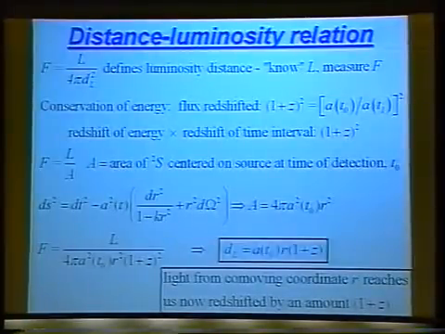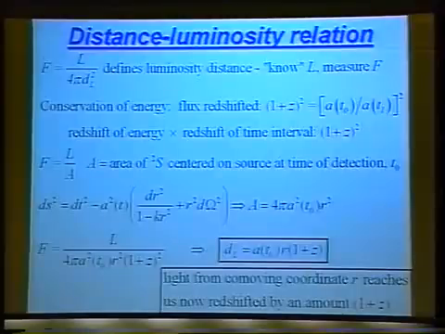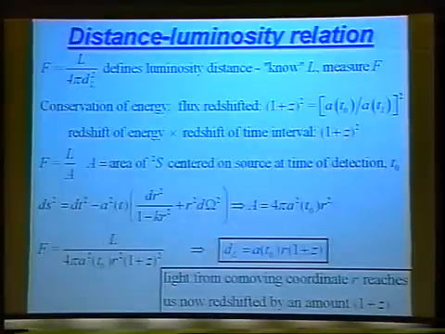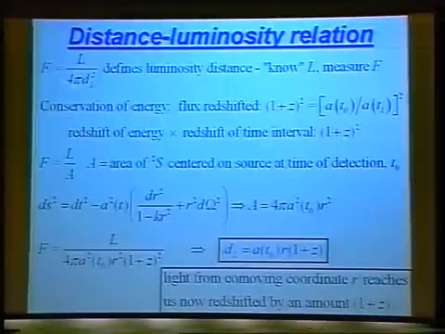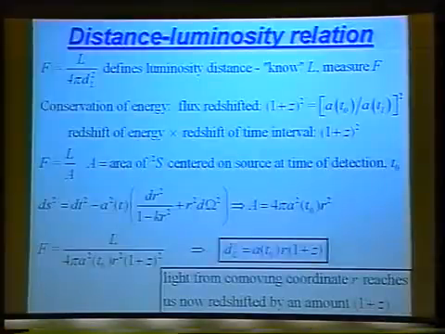Now, the relationship between the luminosity distance and the redshift can be derived with the help of the dynamical equations describing the expansion of the universe. And essentially, this luminosity distance is determined by conservation of energy. And there's a couple of factors that enter there.